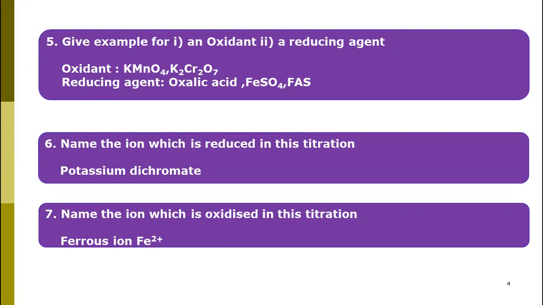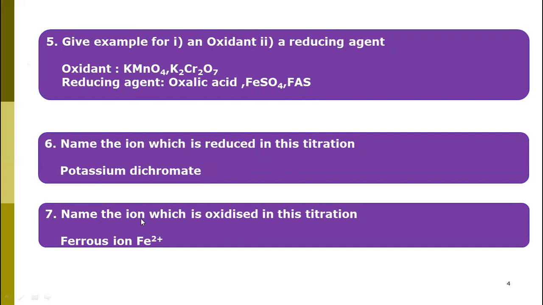Next, FeSO4 and ferrous ammonium sulfate, FAS. Next, name the ion which is reduced in this titration. As I told you, potassium dichromate, which we take in the burette, that is Cr2O7 2-, will be reduced to Cr3+, right?